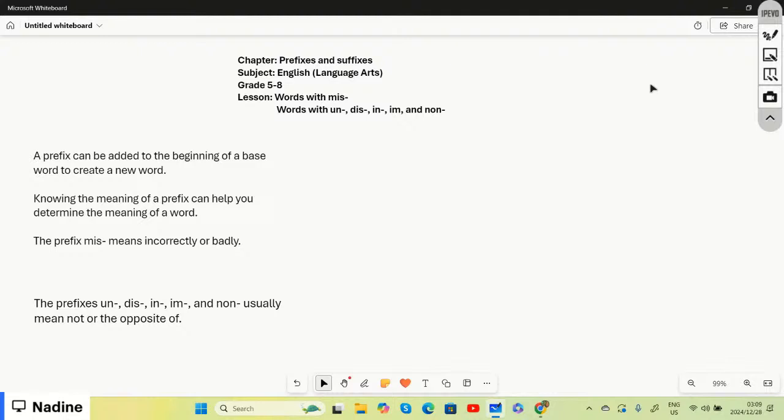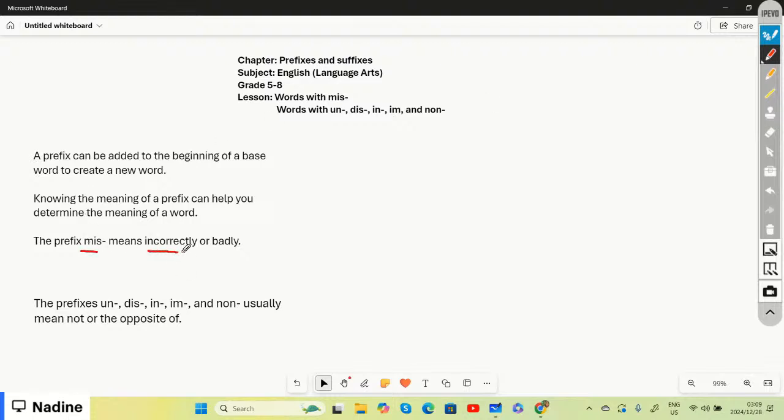The lessons that we're focusing on are words with mis, as well as words with an, dis, in, im, and non. If we look at the prefix mis, mis either means incorrectly or it means badly.